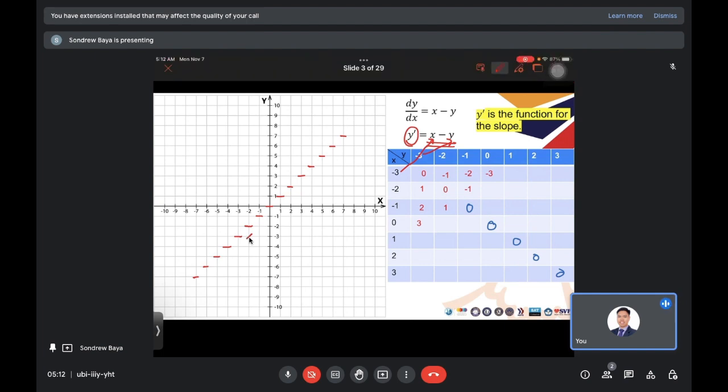Again, we can see a pattern that diagonally, this will be all equal to 1. So the next one with a slope of 1 would be at negative 1, negative 2. Negative 1, negative 2 will be here. So we can just simply approximate it. And so we can say that at this point, it is all positive 1.